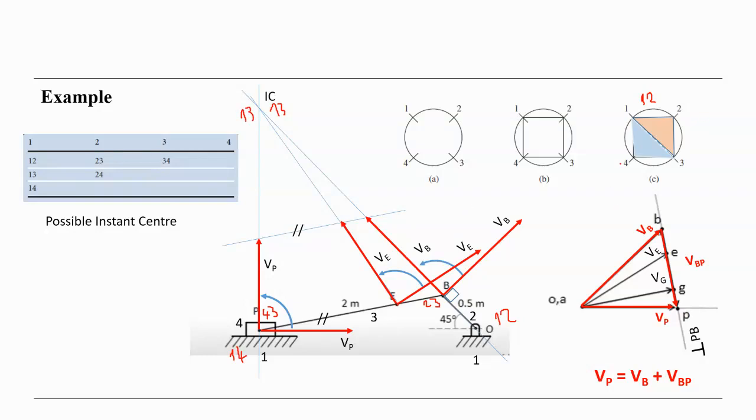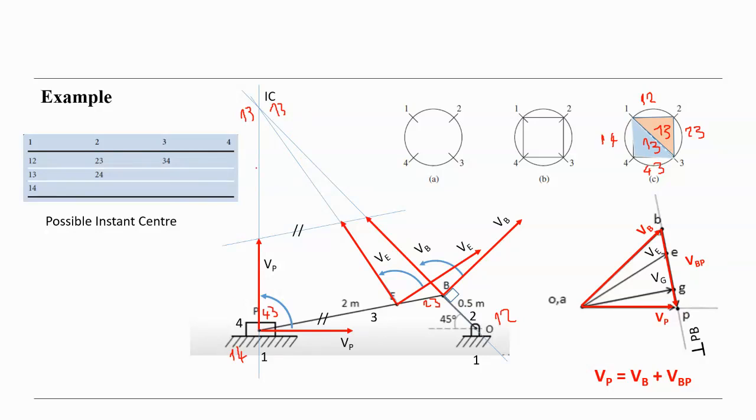Here we can write 1,4, here 4,3, and 3,1 or 1,3 is the same. 2,3, and here 1,3 on the same line.